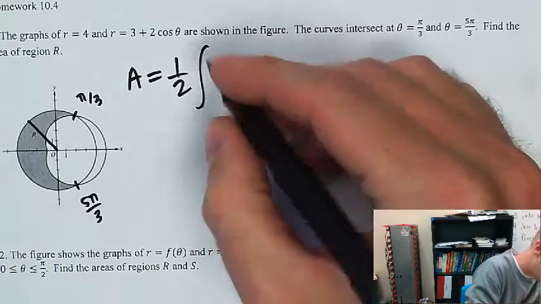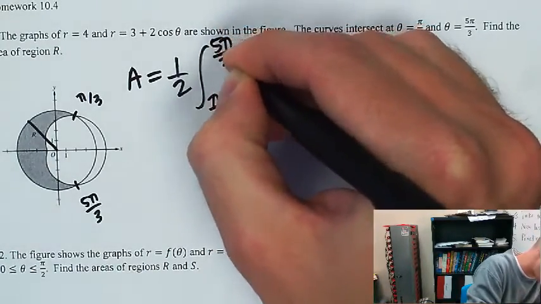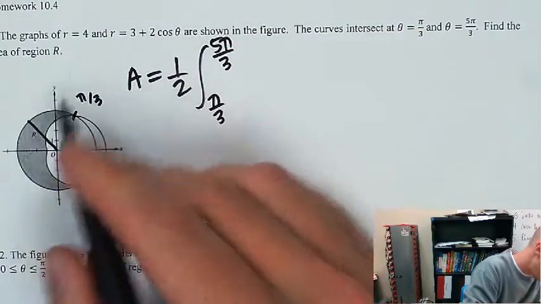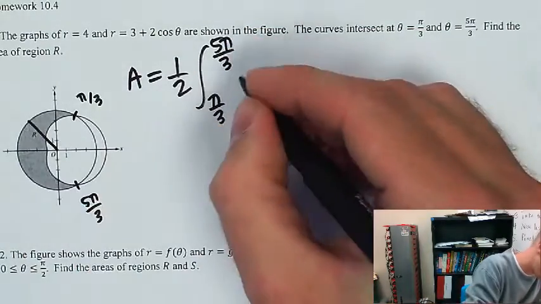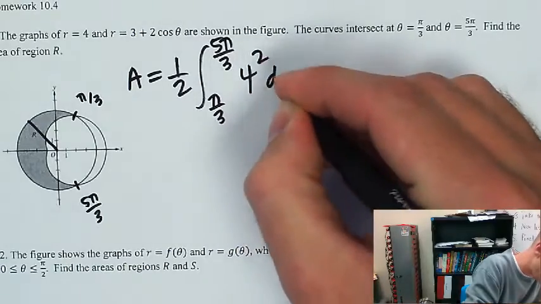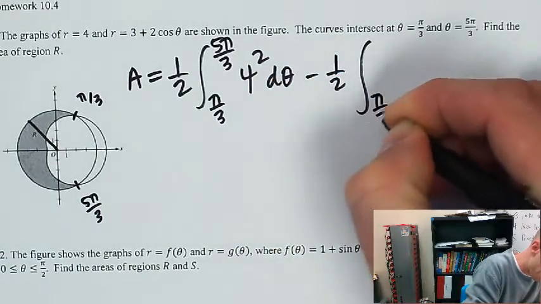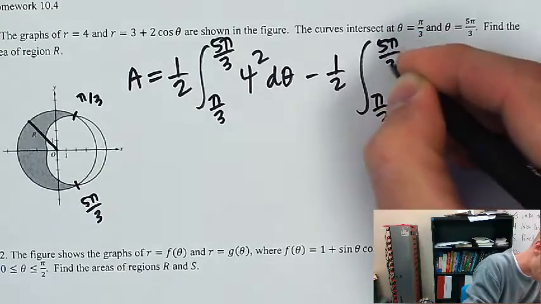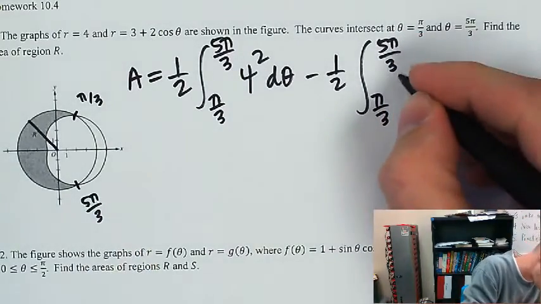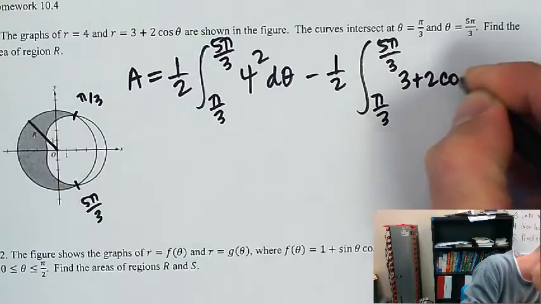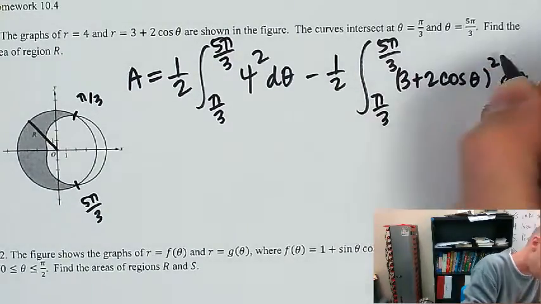So I'm going to say half of the integral from pi over 3 to 5 pi over 3 of the outside r, which is r equals 4, and then the inside r is 3 plus 2 cosine theta. 1/2 r squared.